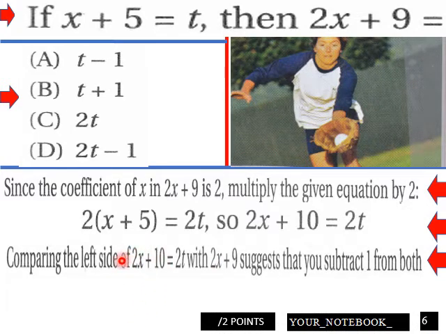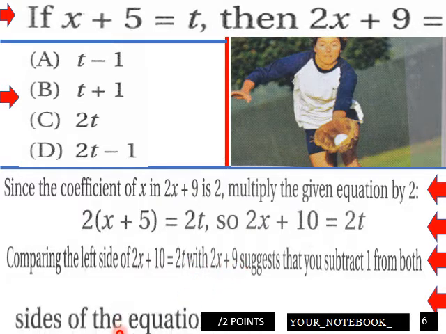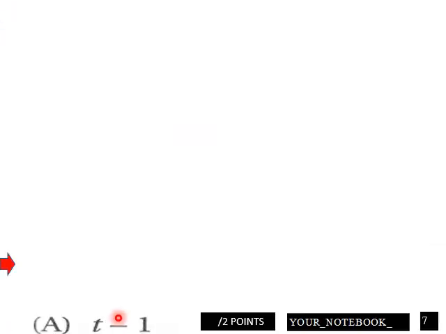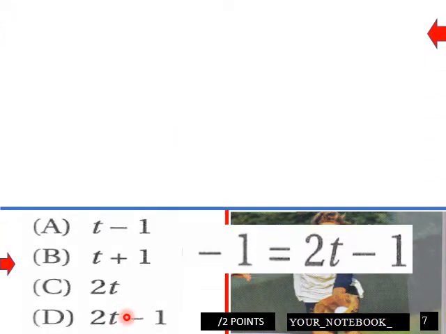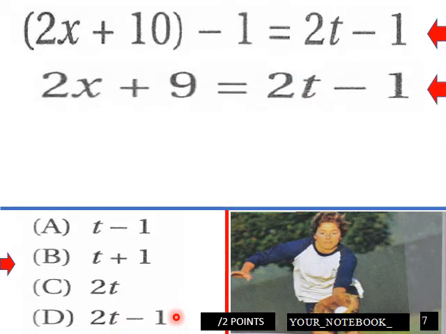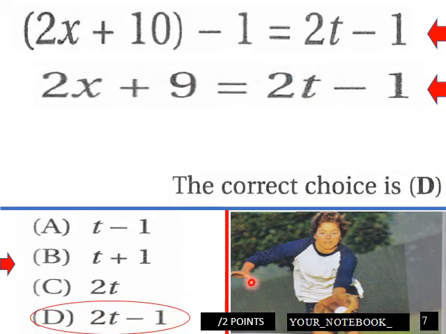Comparing the left side of this with that, it suggests you can subtract 1 from both sides of the equation, like here, 2t minus 1. So 2x plus 9 equals 2t minus 1, and this will be your right choice.